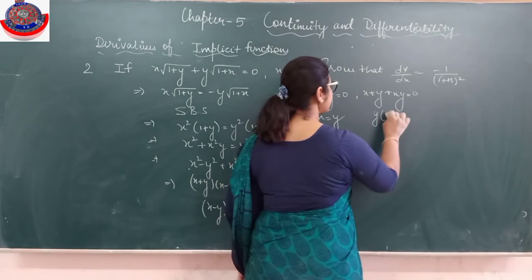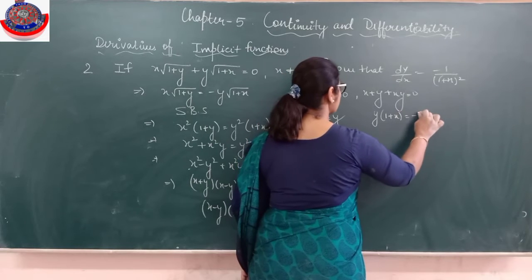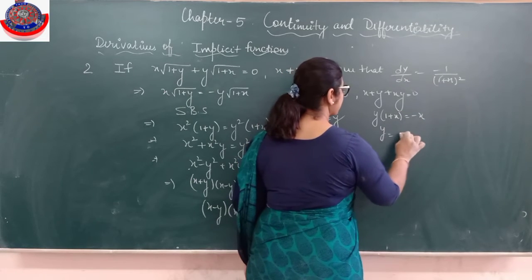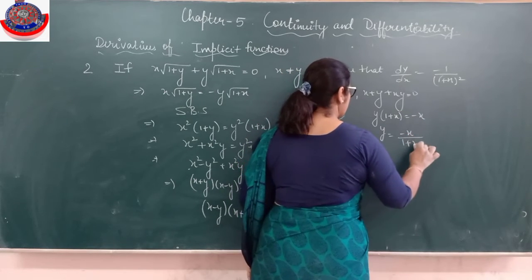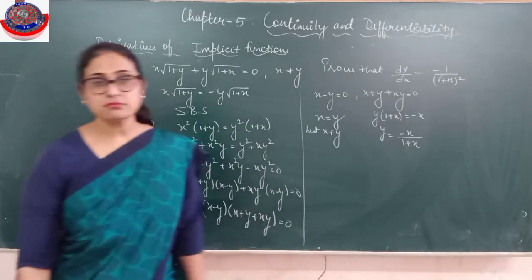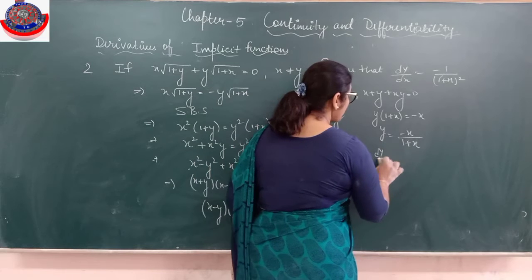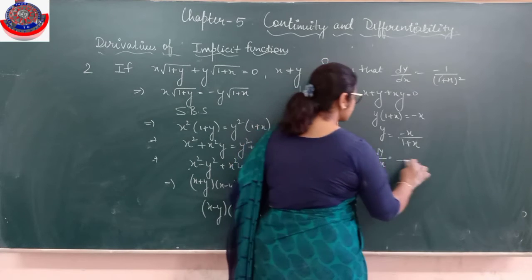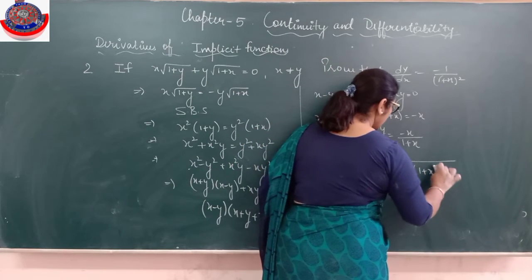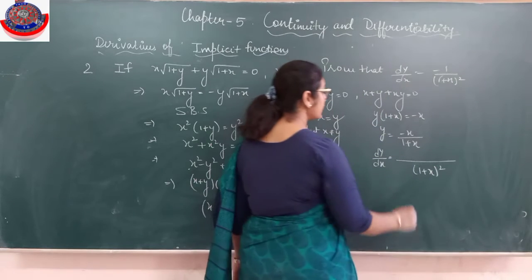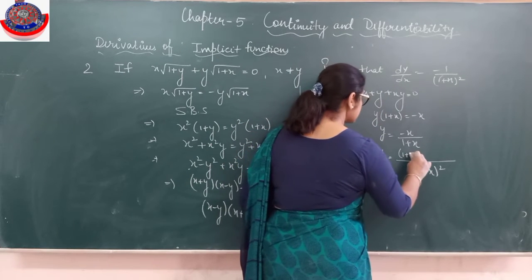Take this x on that side and find the value of y in terms of x. Now it has become an explicit function. I can simply differentiate as we do. So I'll apply u upon v. I told you the basic rules will remain the same. V square, v as it is.